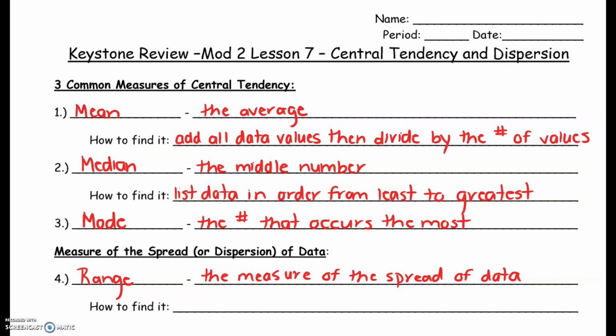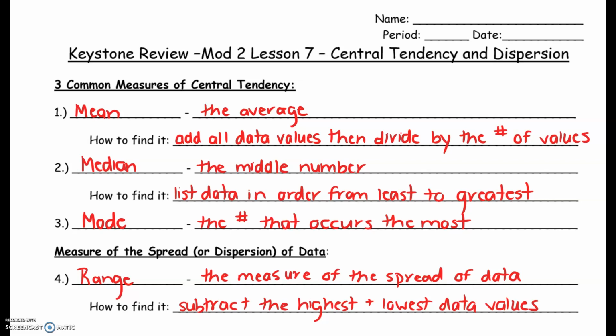In order to find the range, we will subtract the highest and lowest data value. This will allow us to see how far apart our data values are. So for the range, subtract the highest and the lowest data values.